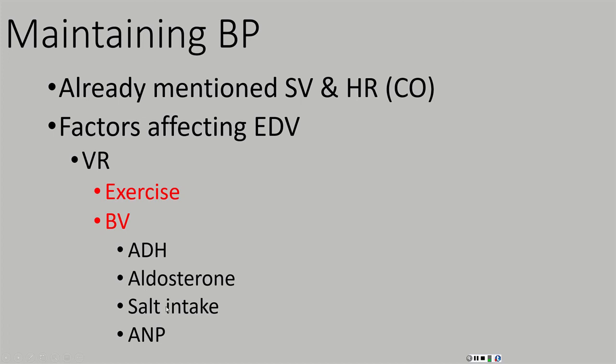And if there's more sodium and chloride in your blood, then you're going to have more water in your blood. More water is going to remain. So blood volume would go up, which would cause an increase in venous return, increased EDV, increased stroke volume, increased cardiac output, increased blood pressure. That is why eating salty foods raises your blood pressure.